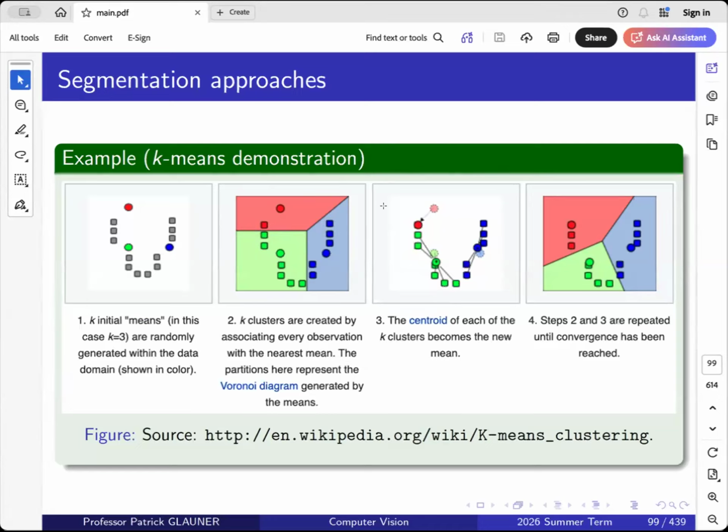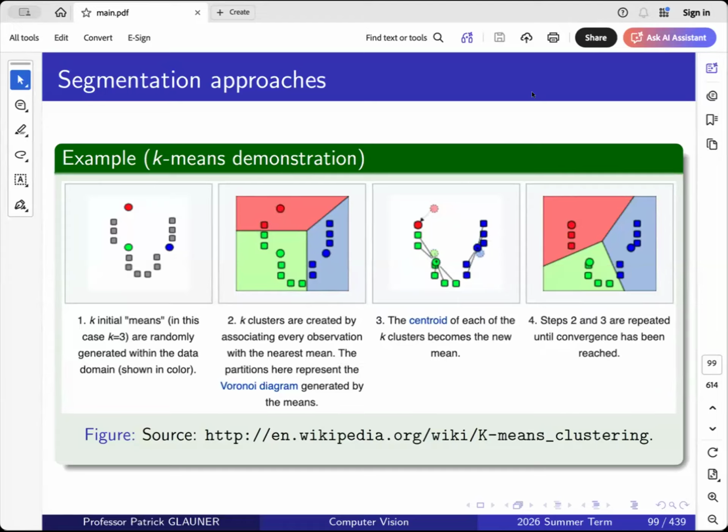Now I need to do the next inner loop where I recalculate the mean. For this cluster here, it's easy. I only have one observation, so the mean becomes that single example. Then for all these green ones, I calculate the mean, which moves slightly, as we can see here, as well as for the blue one, the mean moves a little bit.